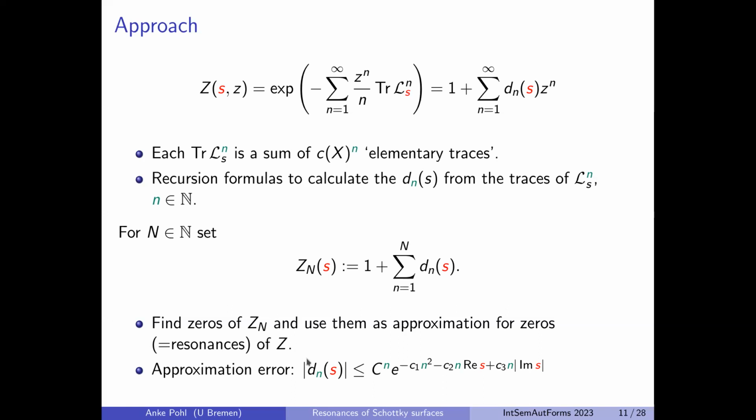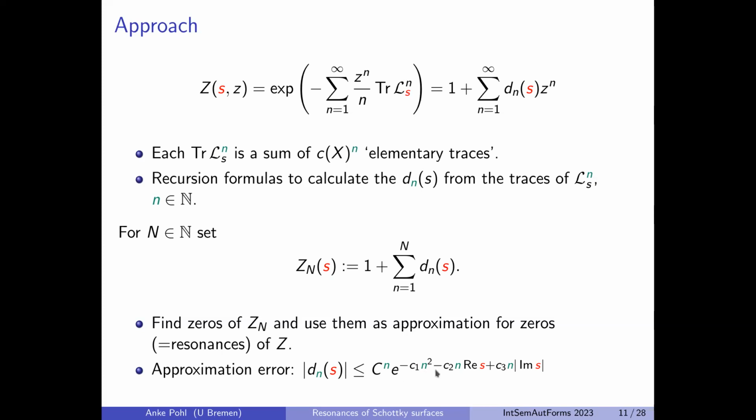Okay, so how good are we in approximation here? There is an approximation error estimate of the dn's, which is the important thing you need to have here, which is of course only an upper bound, but kind of the nature of the upper bound is the error which you actually have.